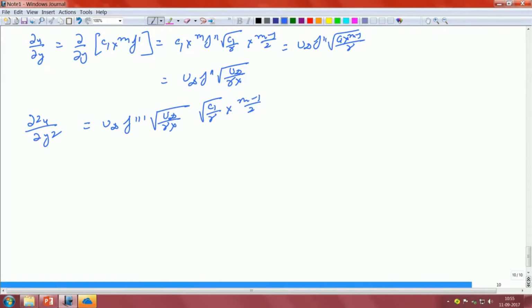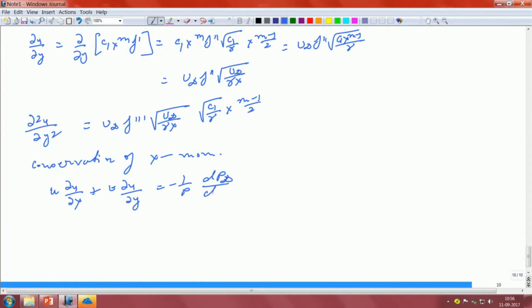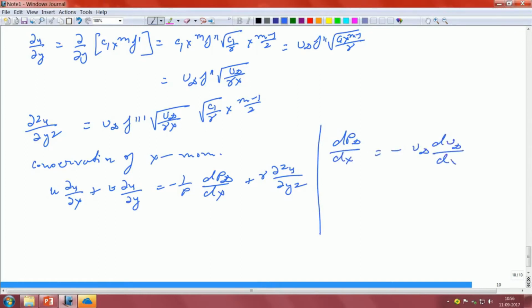Now, we feed all this information to the conservation of x momentum, which is basically u du dx plus v du dy, sorry. Here of course your pressure term dp by dx is minus u infinity du infinity by dx, right.